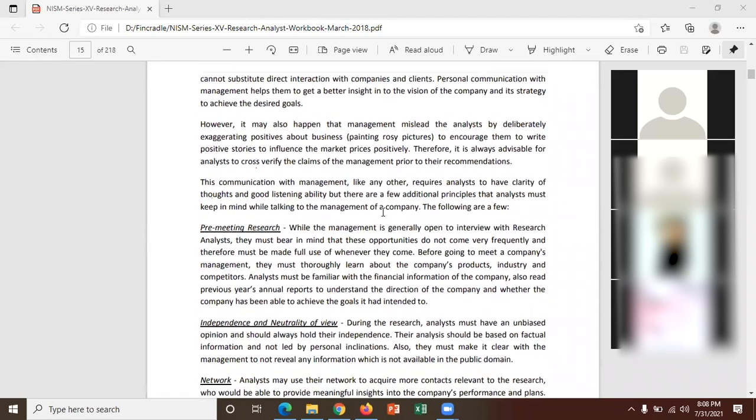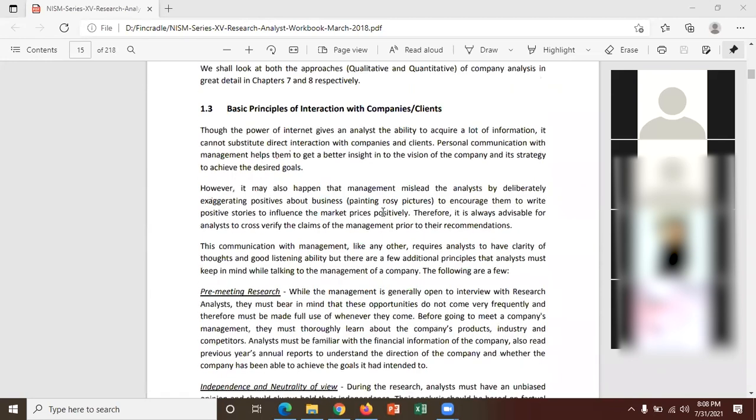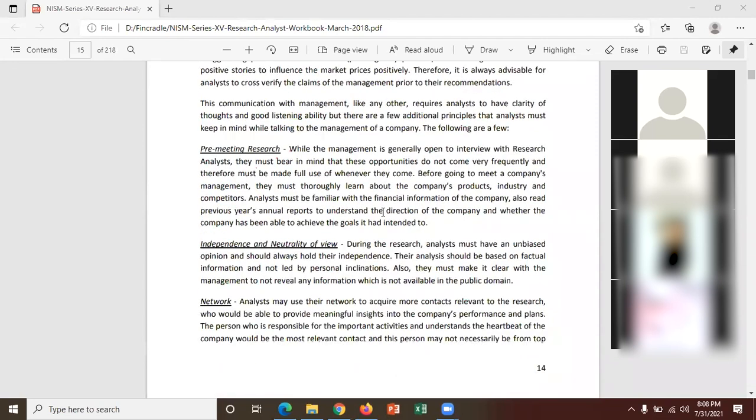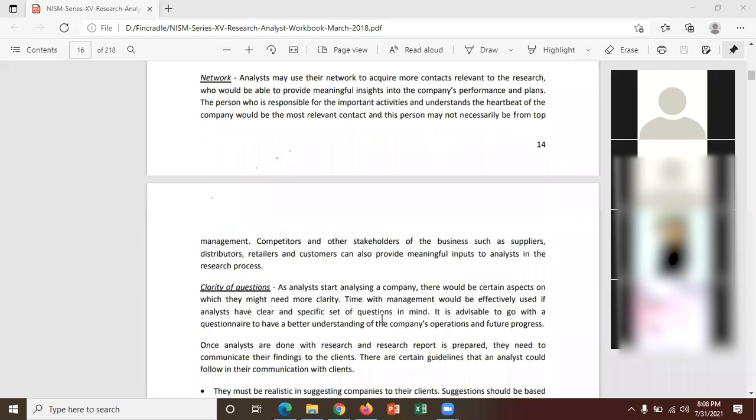So what all things for the research purpose do the analysts do? Meeting with the company people, okay? Having a neutral view. ऐसा नहीं होना चाहिए कि they are giving calls on the company which they are researching, so that उसके stock price को लोग manipulate कर रहे हैं. ऐसा सब नहीं होना चाहिए. Okay?